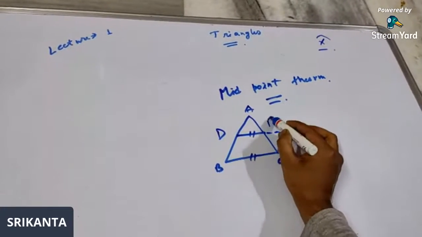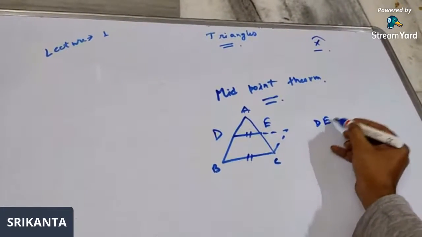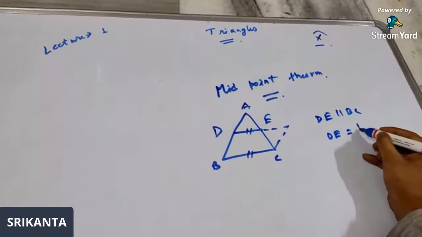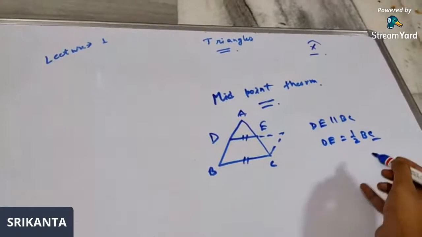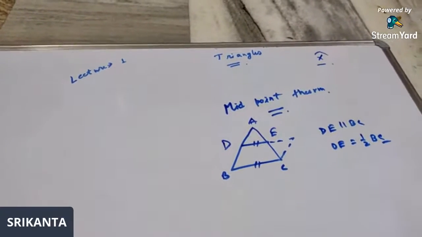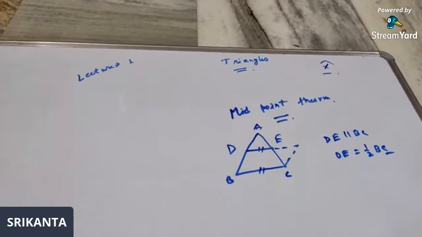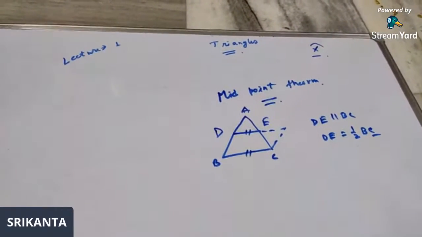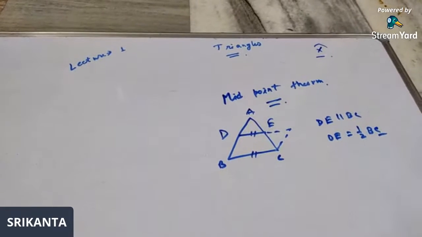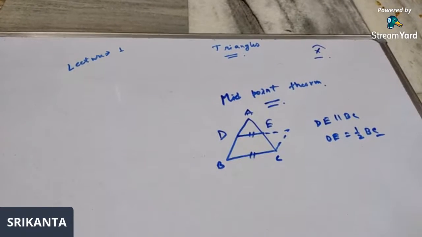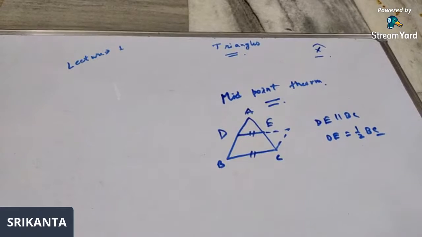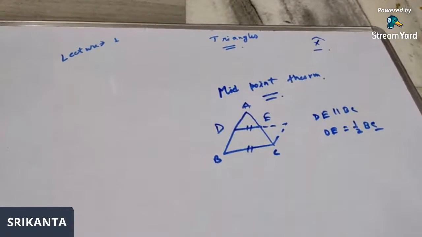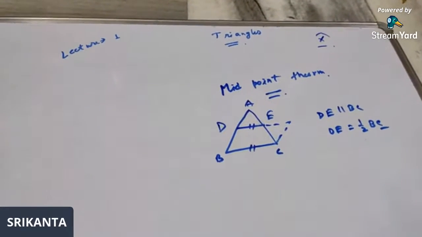That means if it is DE, then we would have DE parallel to BC, and DE is equal to half of BC. Clear? So this is what we have learned in our previous class.